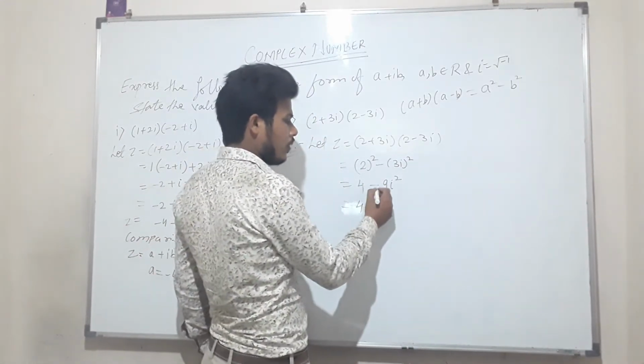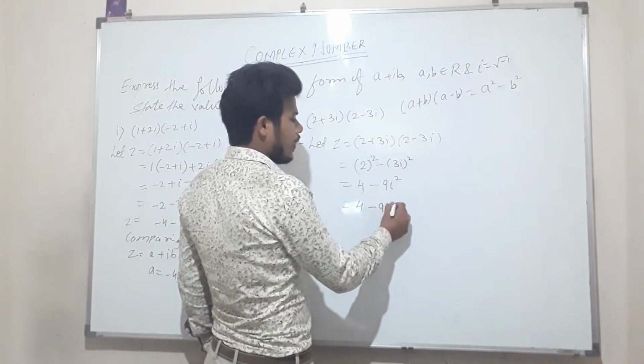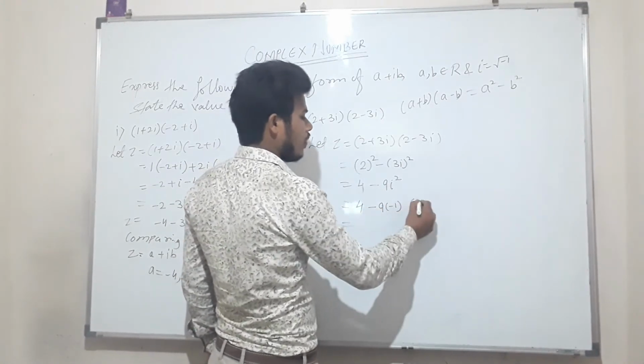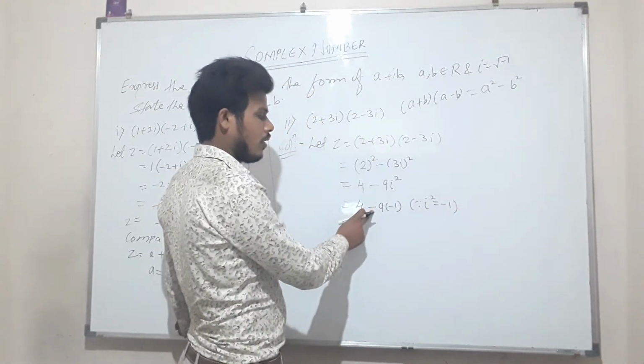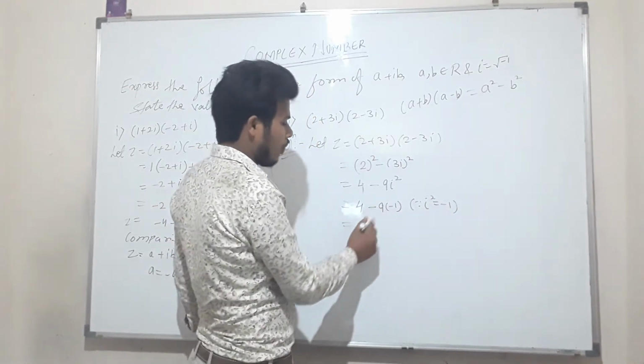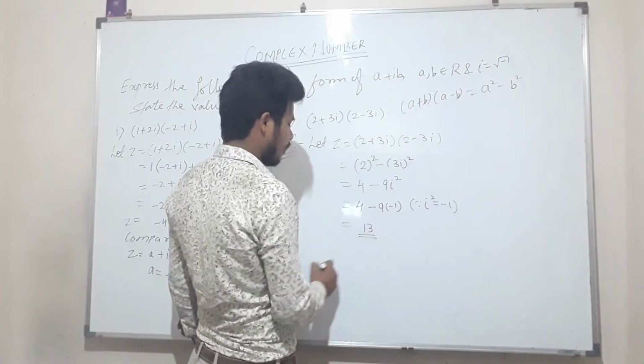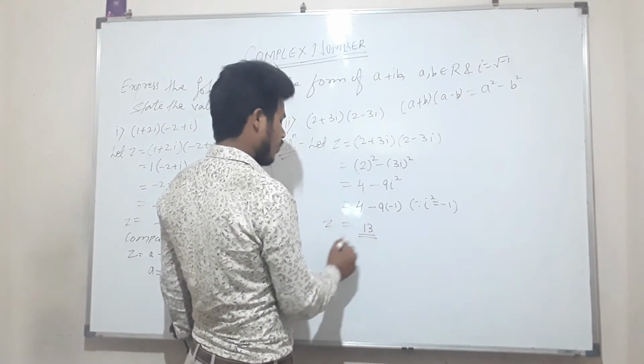So 4 minus 9 into minus 1, since i square is equal to minus 1. So minus into minus is plus, 4 plus 9, 13. So z is equal to 13.